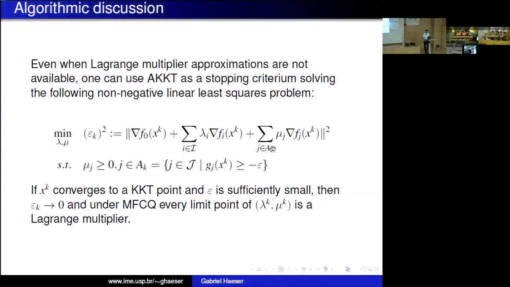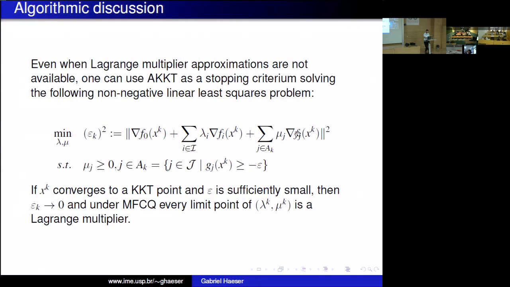So you can solve this problem to define the lambda and the mu's. And it turns out that this is an easy problem. This is a least squares problem with non-negative variables. You simply solve this least squares problem. It's easy because x^k is fixed here. You know x^k, and you simply want to compute lambda and mu.